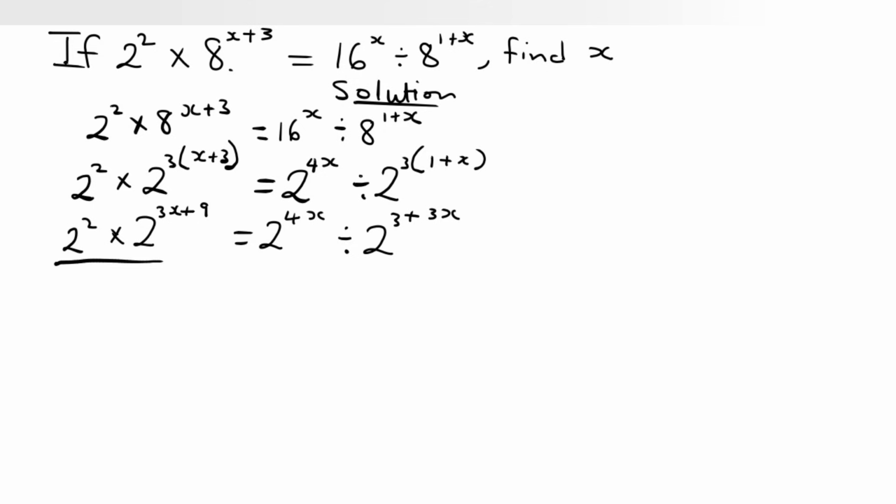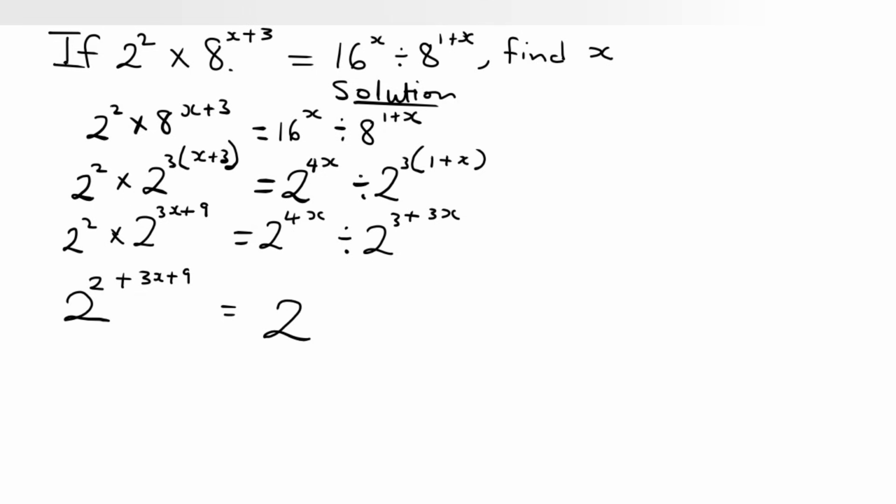Now look at this left hand side. We are having common base, so we'll pick one. Since the relationship between 2 raised to power 2 and 2 raised to power 3x plus 9 is times, we are going to add their powers together. So we'll have 2 plus 3x plus 9, then equal to, now this right hand side of the equation, we'll also pick one out of the common base.